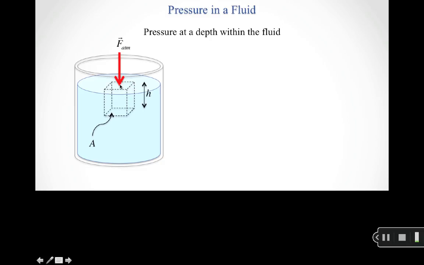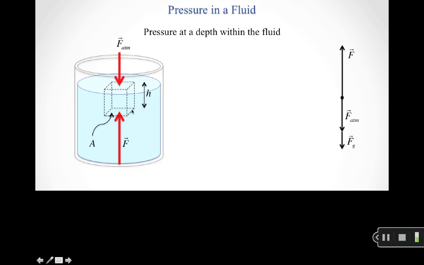Again, we know that there's this atmospheric force acting on the top surface of this box. And of course, because this box is filled with a fluid, it's going to have both a gravitational force pulling down due to the mass of the fluid inside our box, plus there's going to be a second force pushing up from the particles within the fluid that are bouncing off this bottom surface.